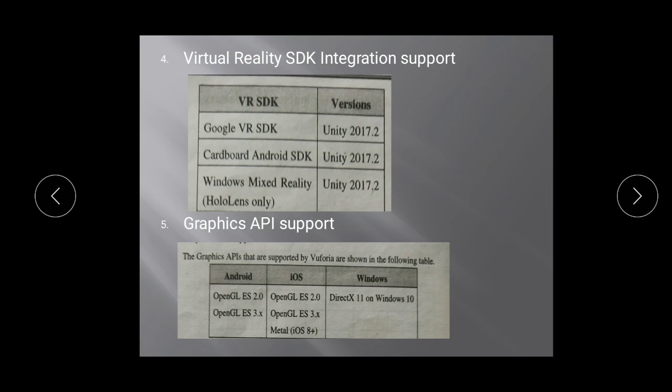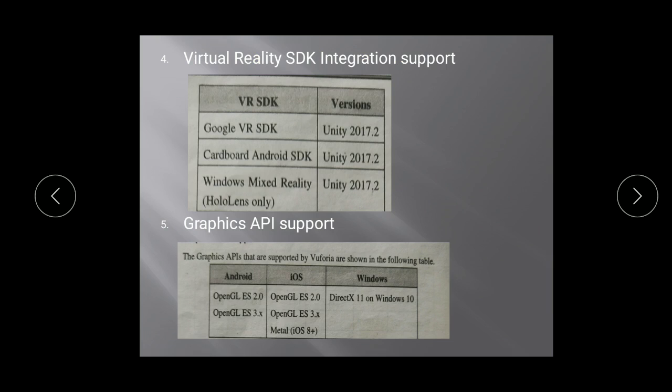Next is virtual reality SDK integration support. Why do you require a software development kit? A software development kit is a platform through which you can develop your software to run on that particular platform smoothly, and for that such software development kits are used.